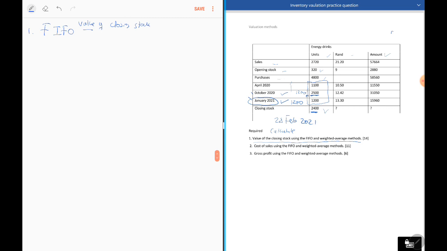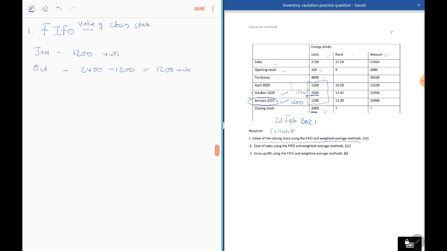Let's write the calculation to get the marks. The closing stock for January is 1,200, and for October it's 2,400 minus 1,200, which equals 1,200 units.